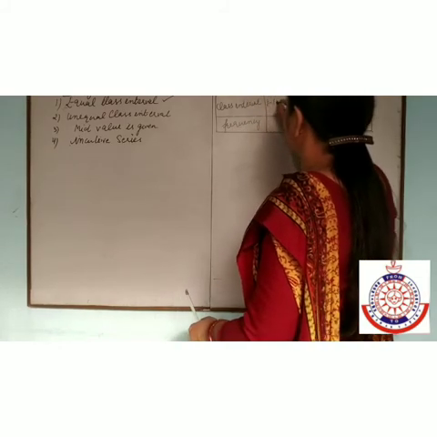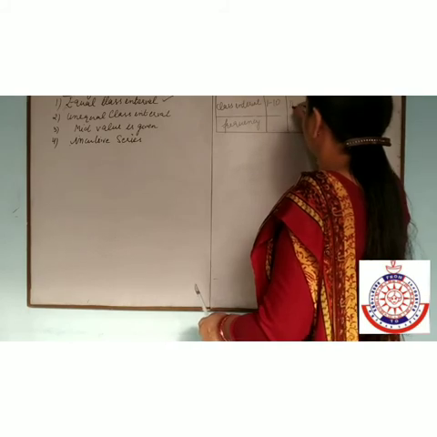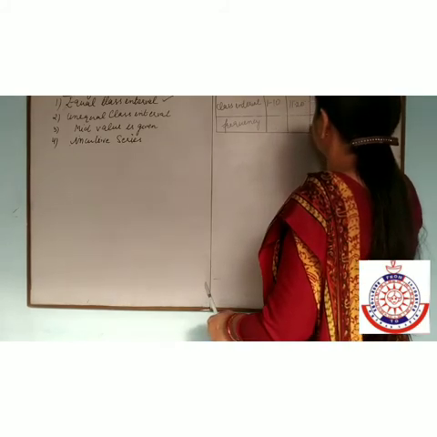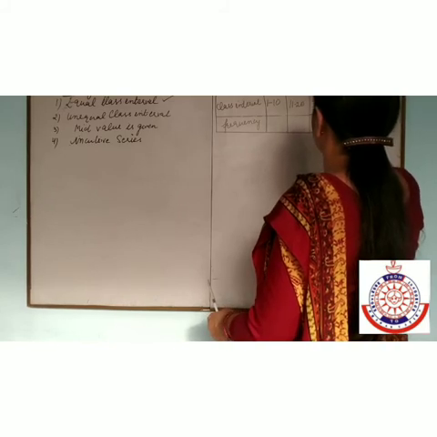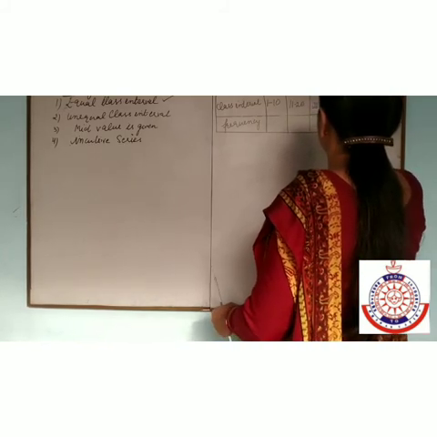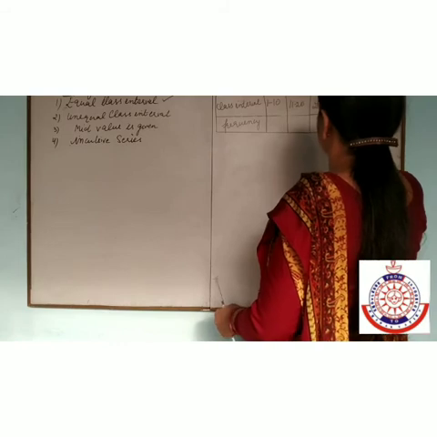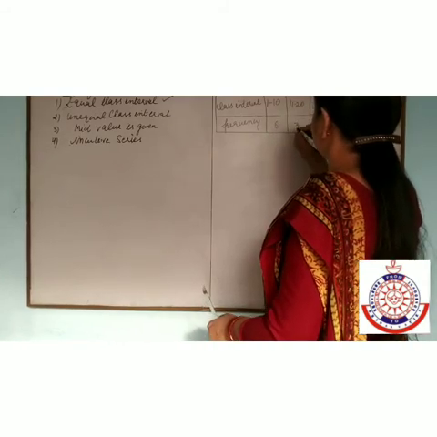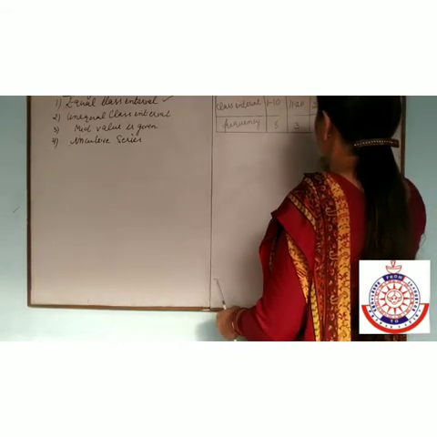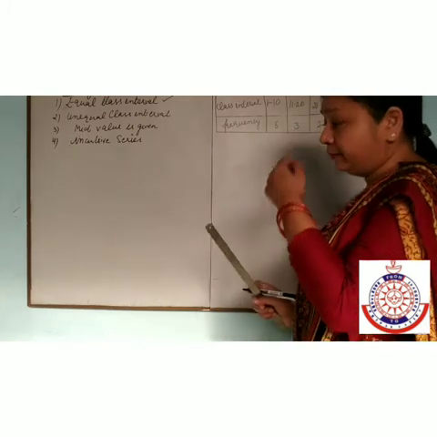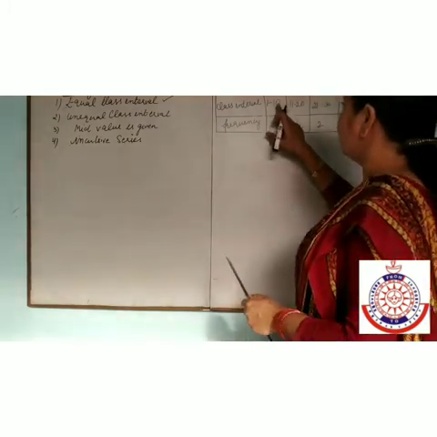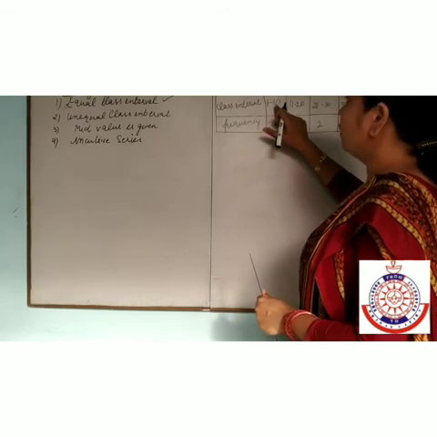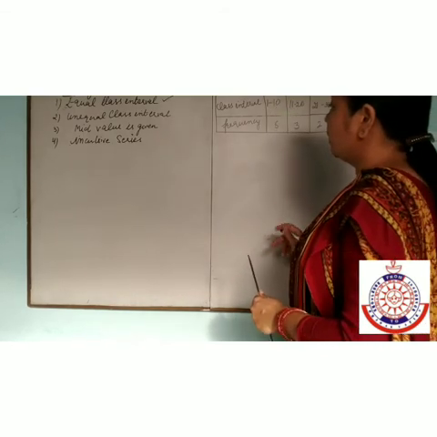Suppose 1 to 10, 11 to 20, 21 to 30 and 31 to 40. And frequency is given 5, 3, 2, 6. Now when a class interval is given, see here the gap between the upper limit and lower limit is 1.